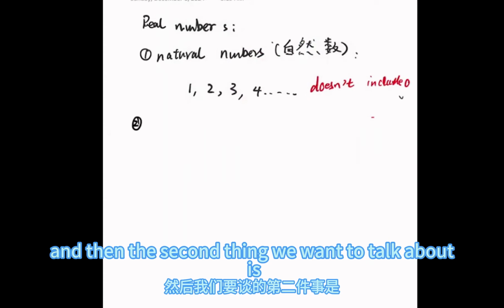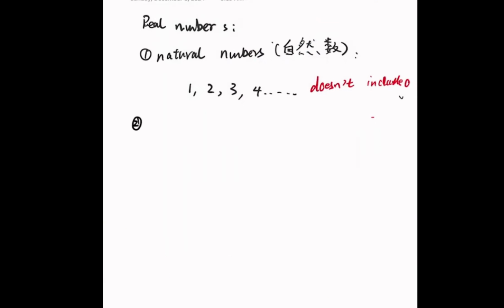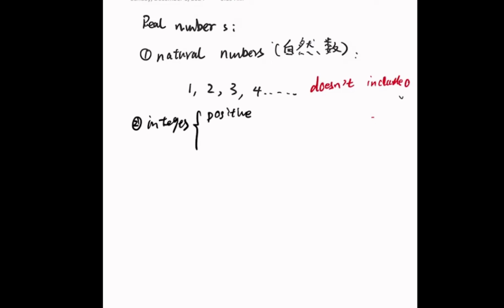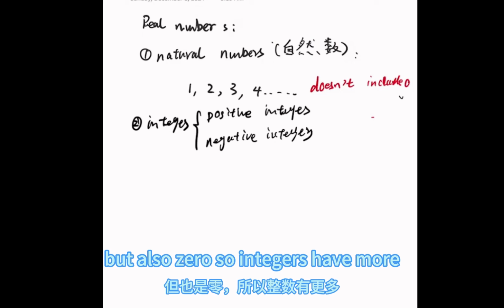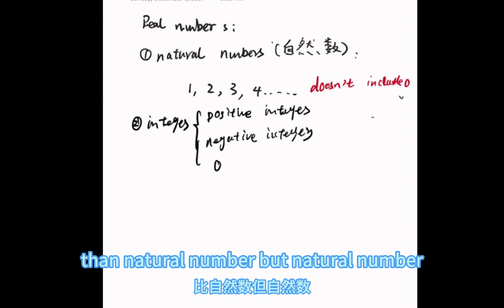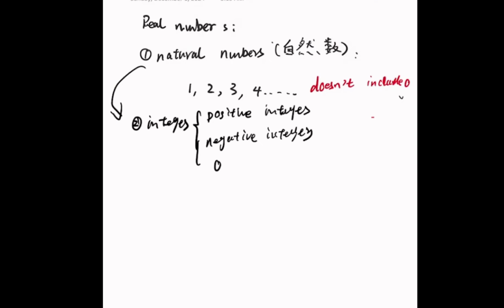The second thing we want to talk about is integers. The integers include the positive integers, negative integers, and also zero. So integers have more numbers than natural numbers, but natural numbers are actually part of integers.